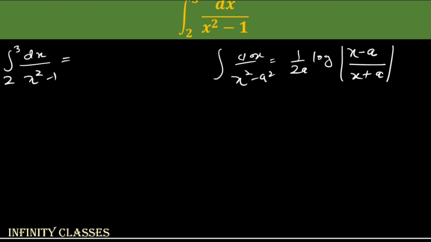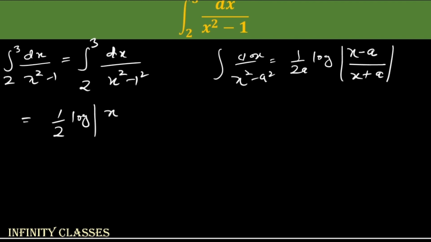So we'll use this formula and we will convert this as 2 to 3 dx over x square minus 1 square. So we will apply this formula. So 1 upon 2a, a is 1, and log of x minus 1 upon x plus 1. Now upper limit and lower limit are 3 and 2.